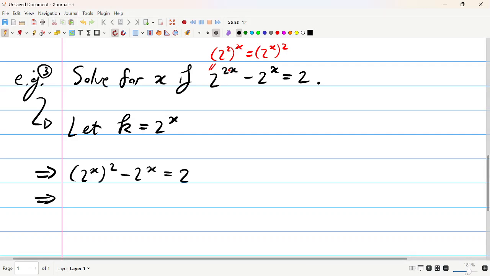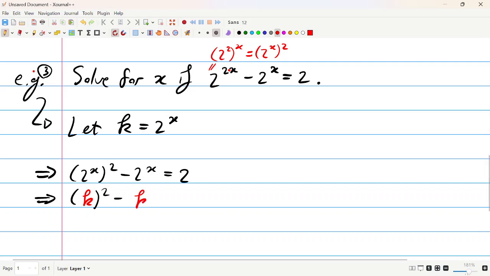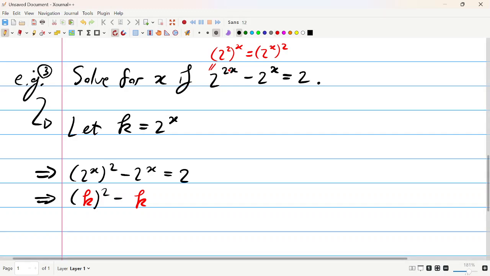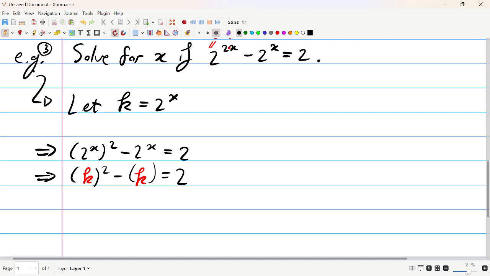And therefore this implies that we are just going to replace 2 to the x with k. So it's going to be k raised to the power of 2 minus k equals 2. And then from there, what do we notice? It's just going to be k squared minus k.